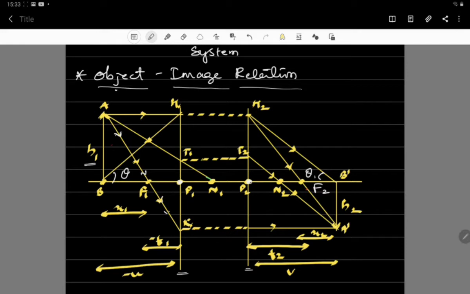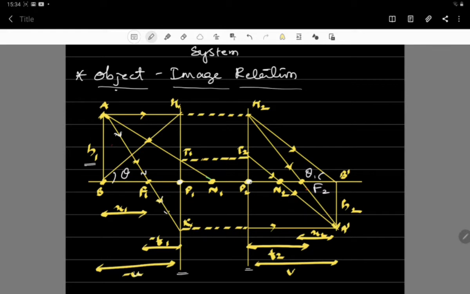We take the distance from P1 to B, that is nothing but the object distance, and then from P1 to F1, that is the first focal length, which is minus f1 because we are measuring the distance opposite to the incident ray. So by using the sign convention, minus f1, and BF1 is nothing but x1.